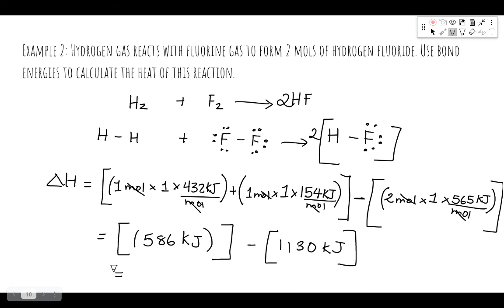And when I subtract these two numbers together, I will get the answer negative 544 kilojoules. So this is the delta H of the reaction. Hydrogen gas plus fluorine gas produces 2HF.